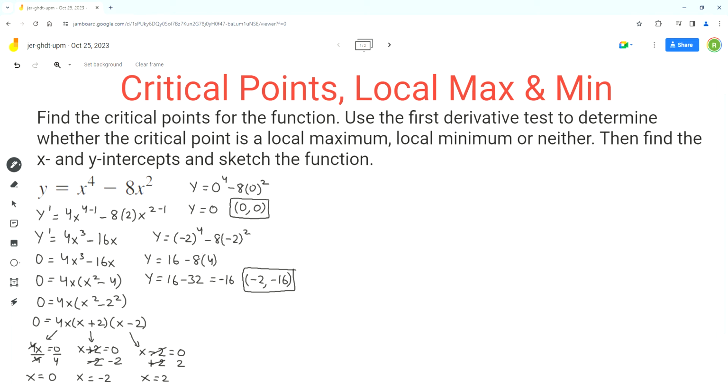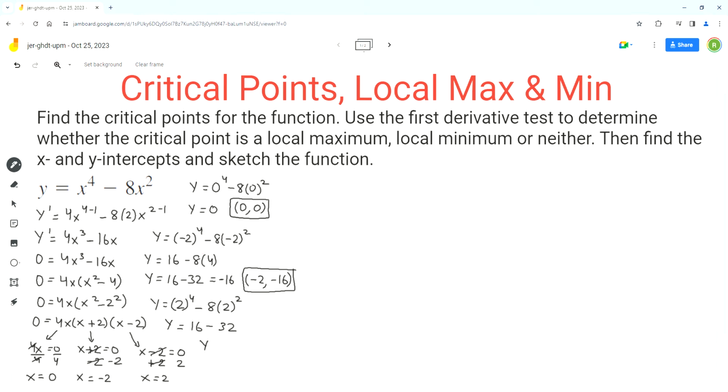Now we can find the third critical point. We'll sub in x as 2 in the given function. So we get 2 exponent 4 minus 8 times 2 squared. 2 exponent 4 is 16, and then minus 8 times 4, which is 32.